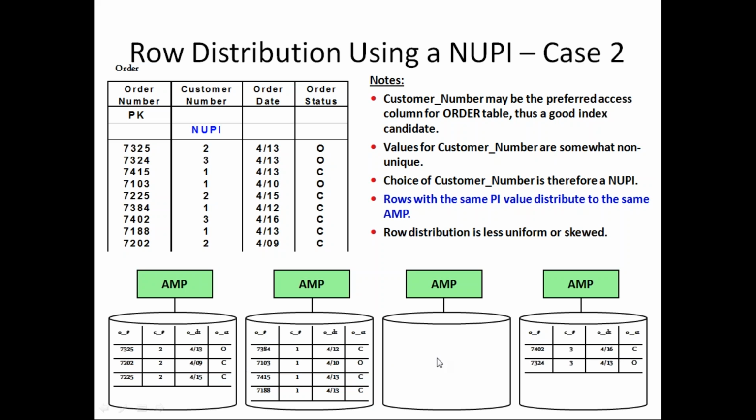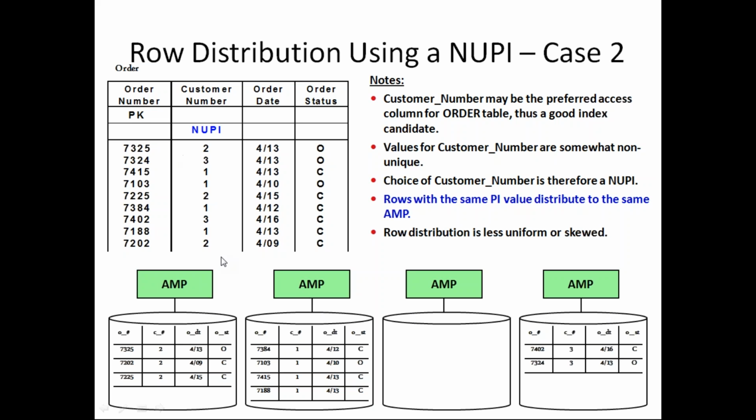So we have to determine how many unique values there are. If the degree of duplication is very high, we cannot go for such a column as a primary index. Otherwise 1 amp would be almost empty. In this example we have 4 amps, but in our system there may be 300 amps or 3000 amps based on the configuration.